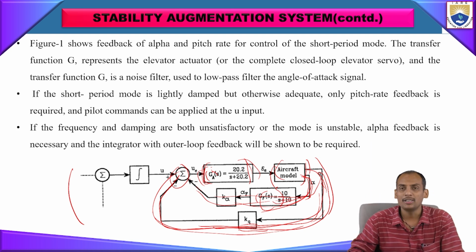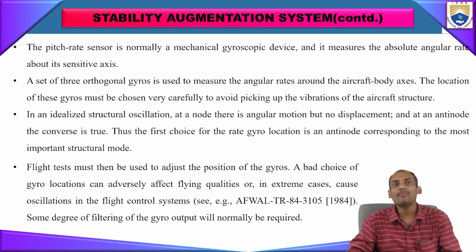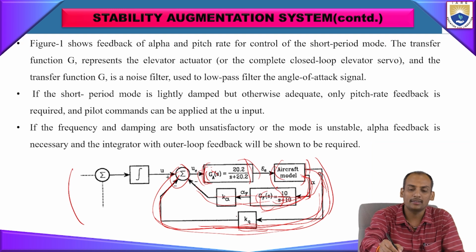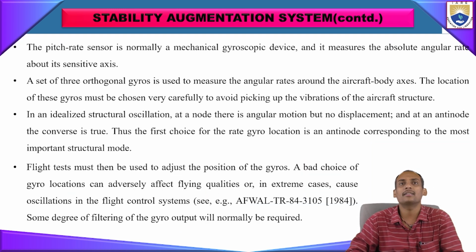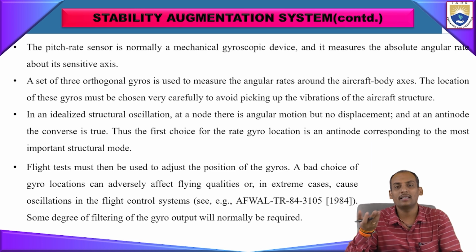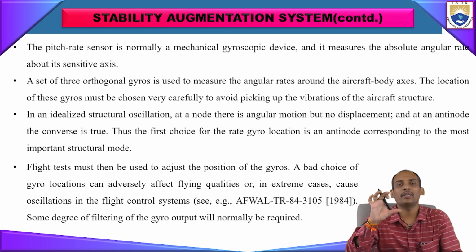The pitch rate sensor is normally a mechanical gyroscope device. Here you see that the pitch rate sensor is there, no? It is normally a gyroscopic device, and it measures the absolute angular rate about the sensitive axis. Whenever this gyroscope device is involved, it will measure the movement very accurately.